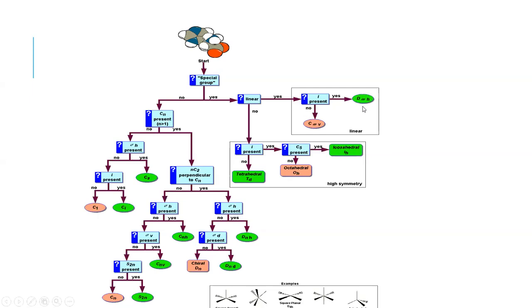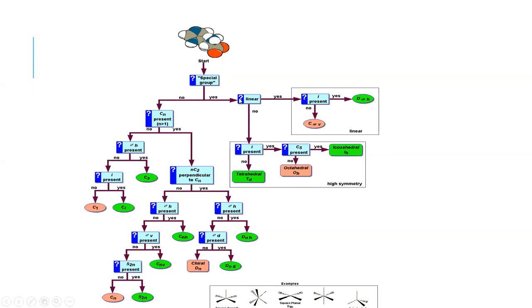One more example I can give for a molecule belonging to the point group D infinity h is acetylene, HC triple bond CH. So that belongs to the D infinity h point group.